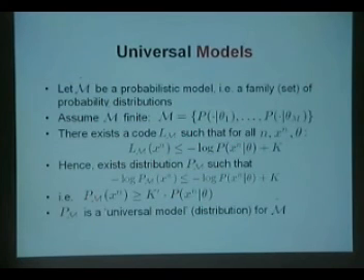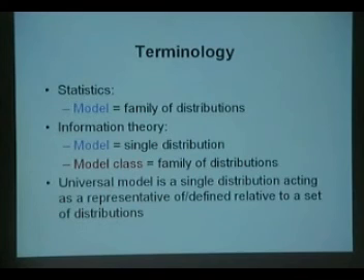Now, intuitively, such a dominating distribution corresponding to a universal code will be called a universal model. Now there's some terminological problem, because in statistics, a model typically denotes a family of distributions, like the model of all Bernoulli distributions, or the model of all first order Markov chains. In information theory, a model stands for a single distribution, like the Bernoulli distribution with probability of 1 equal to 0.6, and a model class is used to denote a set, a family of distributions.